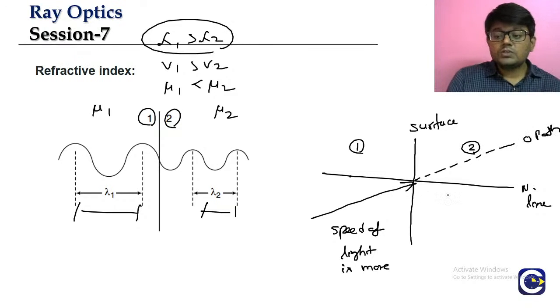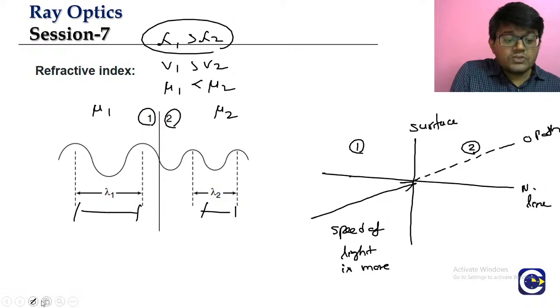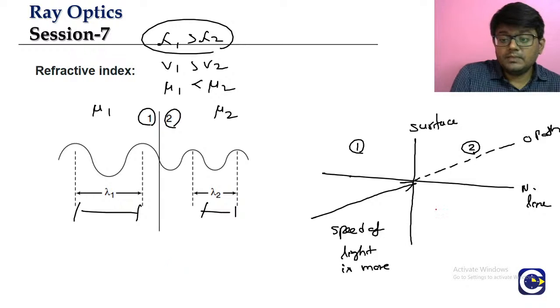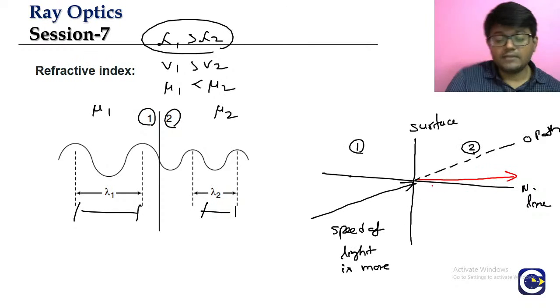Since in medium 2 the speed of the light is getting less, light will take a path which will be shorter. So what do we mean by taking a shorter path? Look at this. Always the path which is close to the normal will be the shorter path.